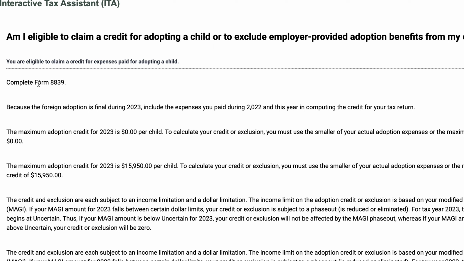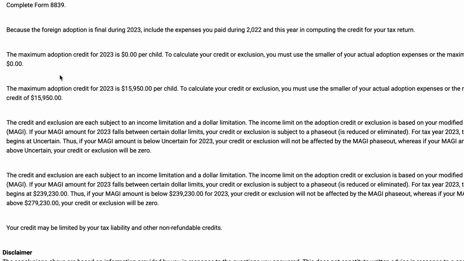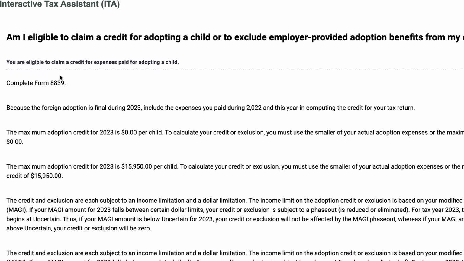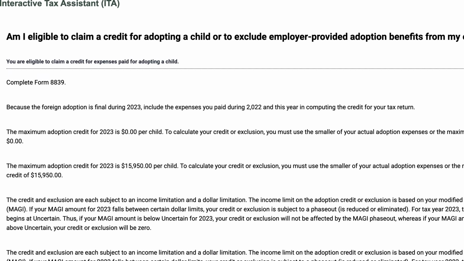So in this case, it says that the maximum adoption credit is $0 per child. So that's probably not correct.